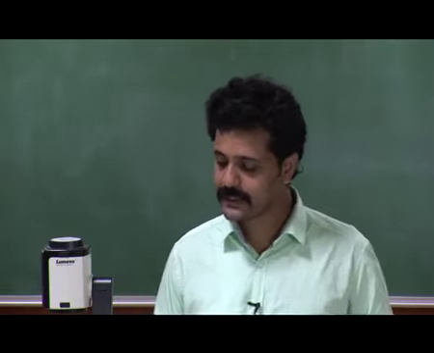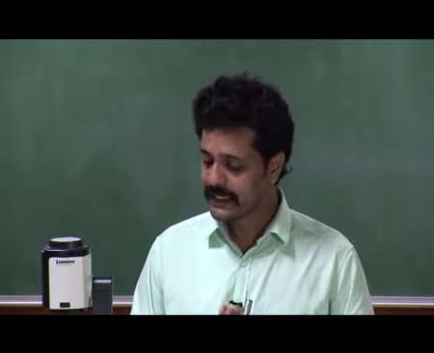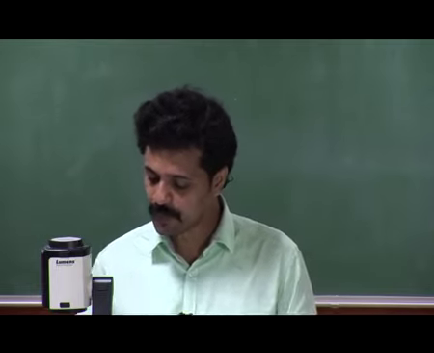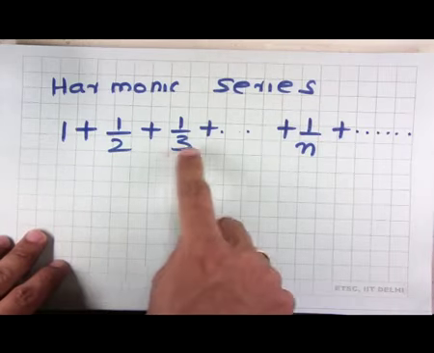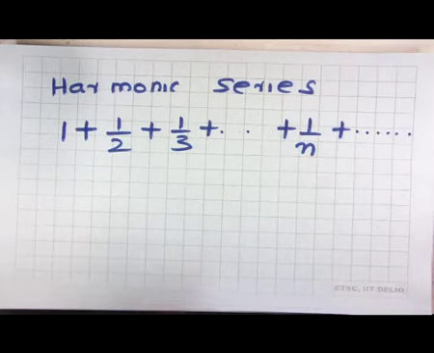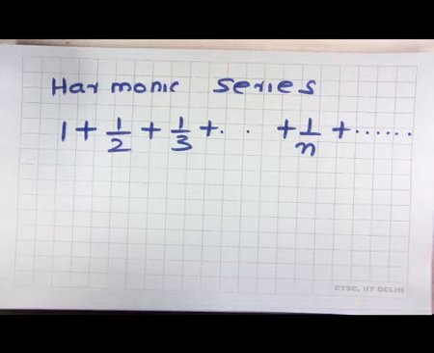Just now you have seen that if you chop up to the nth term, 1 plus 1 by 2 plus 1 by 3 plus etc. plus 1 by n, that is called the nth harmonic number.